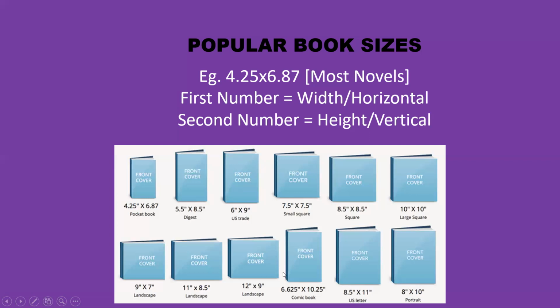This one down here is square, so it's the same all around. 10 by 10 is square. This size is like Reader's Digest, this one that I'm pointing at. This one, 9 by 7, is landscape size. Again, the 9 would be the width, the 7 would be the height.